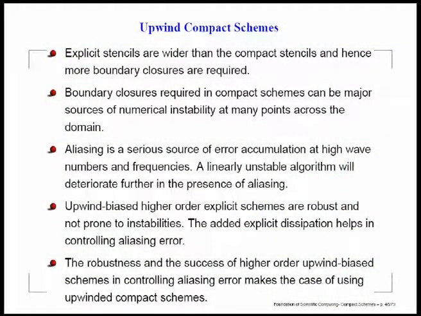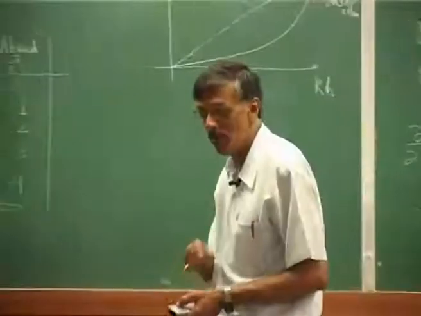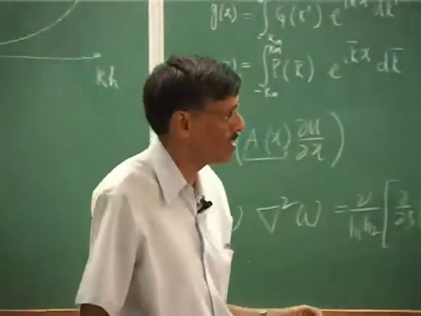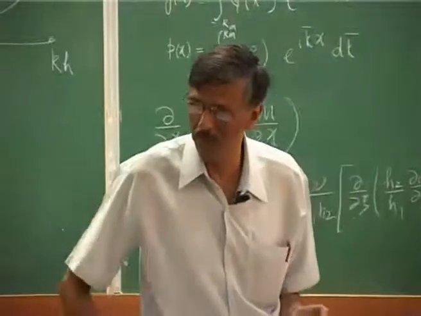See, aliasing, as we said, is more of a high wave number phenomenon. So, if I dissipate the solution at high wave number, the tendency for aliasing also comes down. Okay? There are other ways of controlling aliasing, so I am not going to go into that. We are talking here about upwind schemes, so I am just telling what are the plus points of upwind schemes.